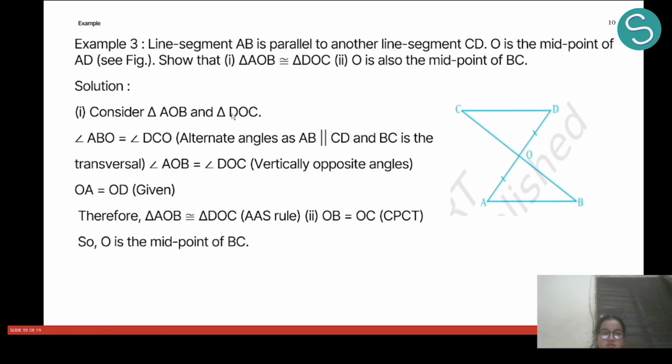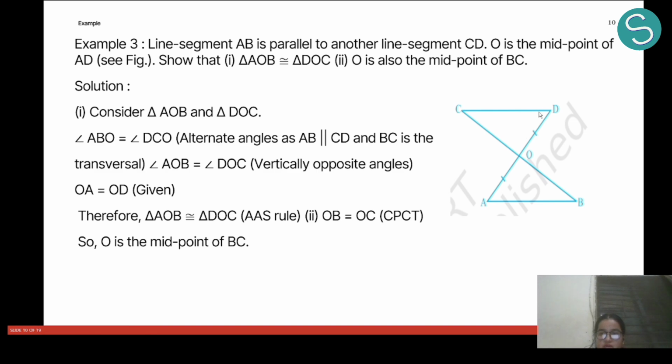Now in this question it is given that line AB is parallel to line CD and O is the midpoint. Then we have to show that triangle AOB is congruent to triangle COD. We have to prove these two triangles are congruent. What is given to us is that CD is parallel to AB.